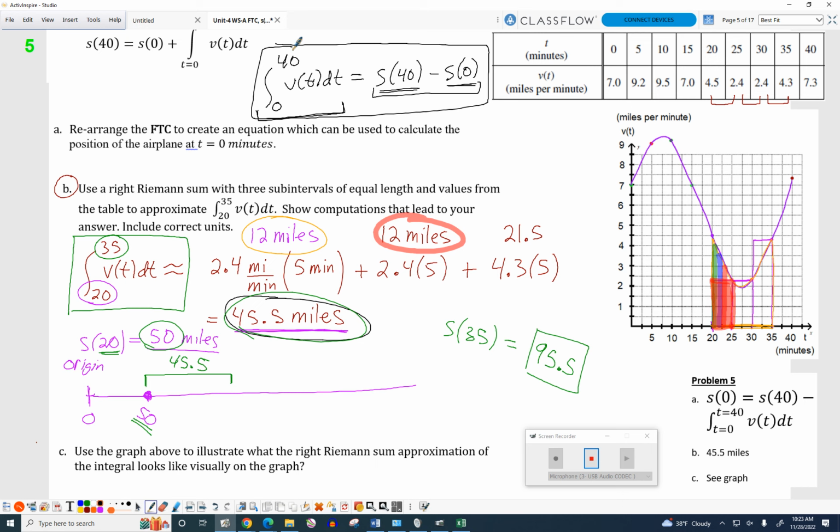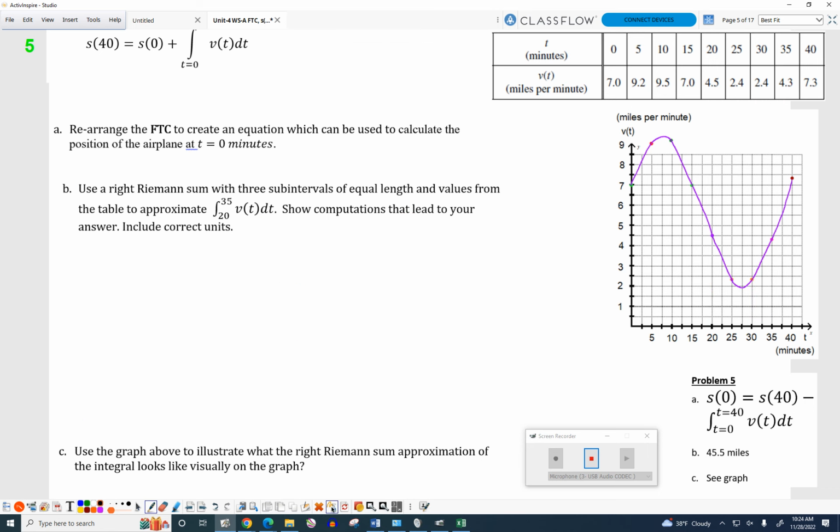On this worksheet, I right away say, well, let's use the formula. Let's rearrange it a little bit so that we're actually using it to find a position. So if I want the position at time 40, the idea is pretty simple. If I know where I am at time 0, in the example we've been doing, we said that the position at time 0 was 10.